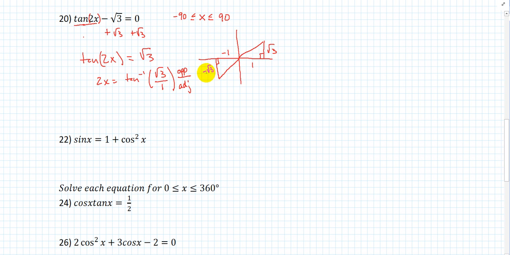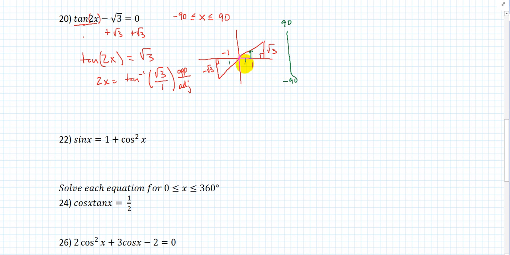So the reason why I don't cross this out, because we know tangent has its principal values between negative 90 and 90, is because so far this angle is 2 times x. So now I don't want to go from 0 to here.